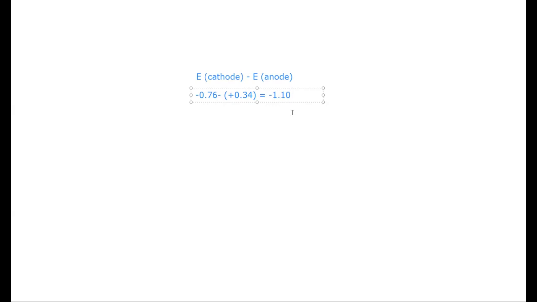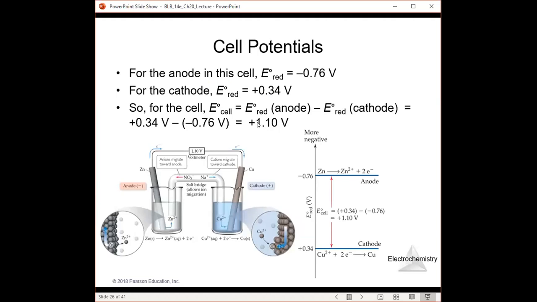I wanted you to see that because they made a mistake on there, and I wanted to catch that because it's cathode minus the anode. So make sure you make a note of that. This should be negative 1.10 instead of positive because they just switched them around, so make a note on this slide that it should be negative and those should be reversed.